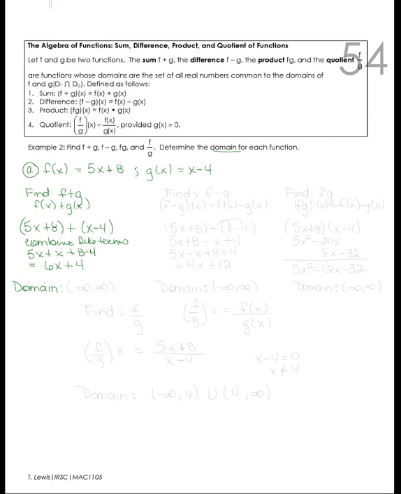If I told you to graph 6x plus 4, it's a linear function. So our domain is from negative infinity to positive infinity.